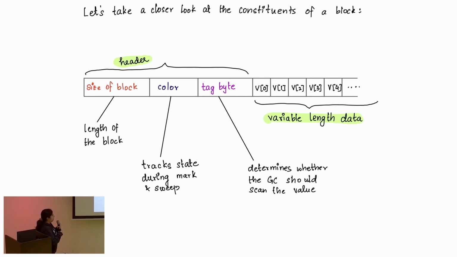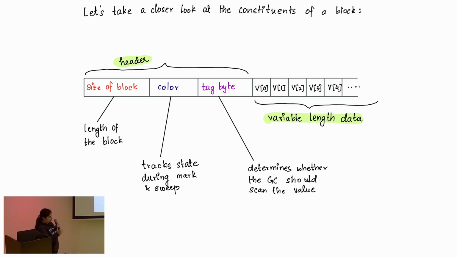What is in a pointer? We have metadata, as I mentioned earlier, and we have the actual data. So the metadata has some things that are relevant for the GC, which are the size of the block. Because it is variable, we store the size. It has something called the color, which is a piece of information that the GC needs to track the state of the object.